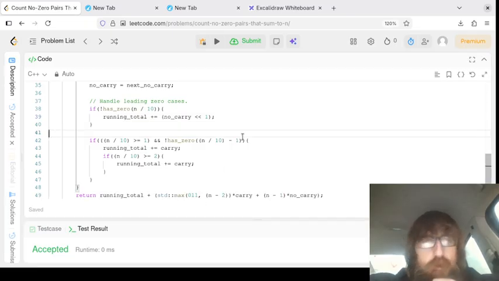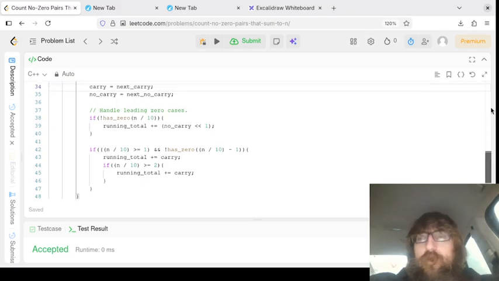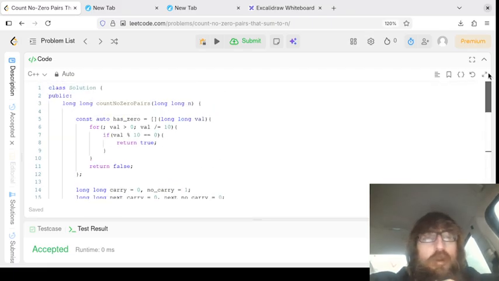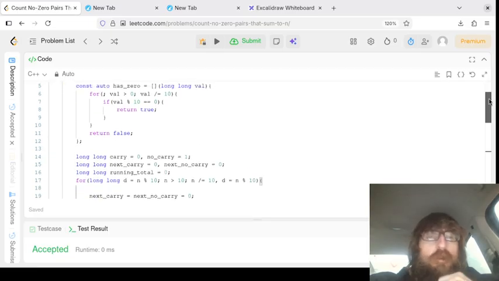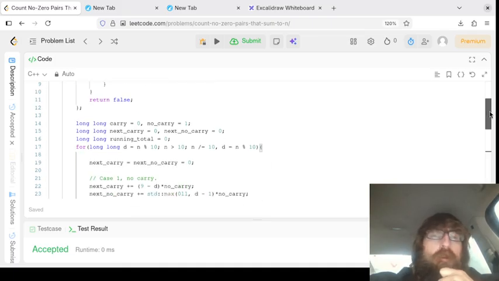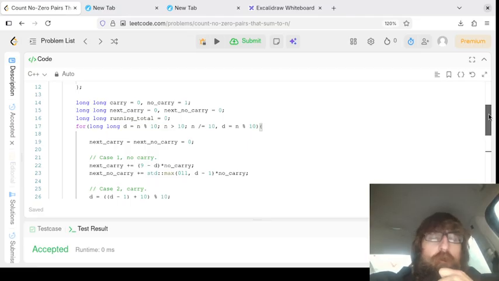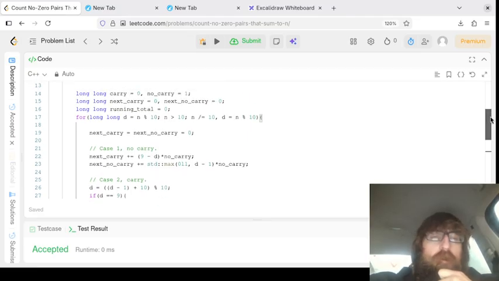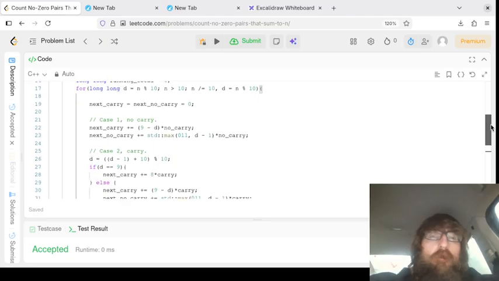Just to give you an idea of what you're looking at, it's going to be a quick walkthrough again. A subroutine calculates whether or not the prefix has a 0 in it. Then some initializing variables: the carry amount, the no carry amount, the next carry, next no carry, and a running total.